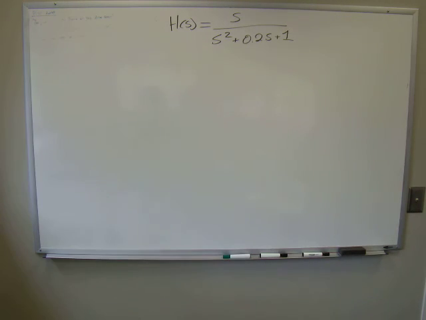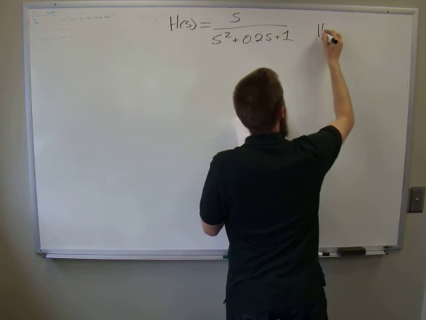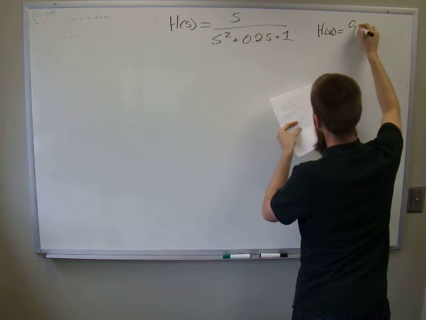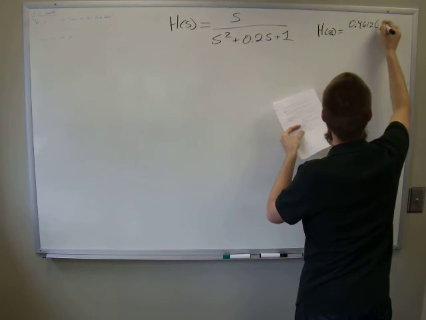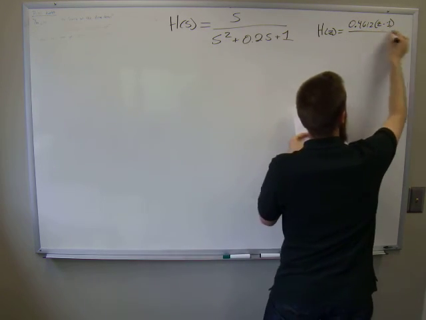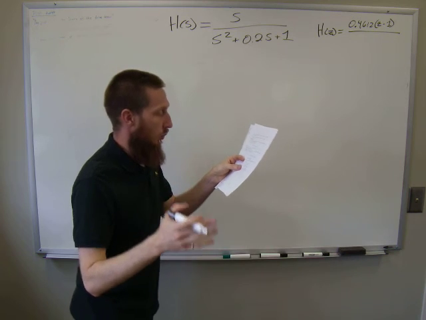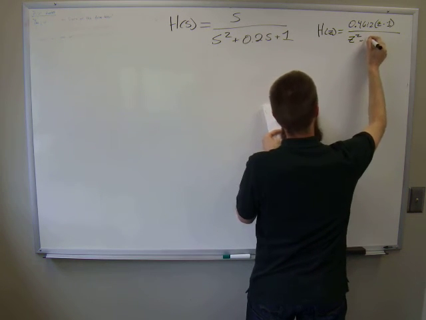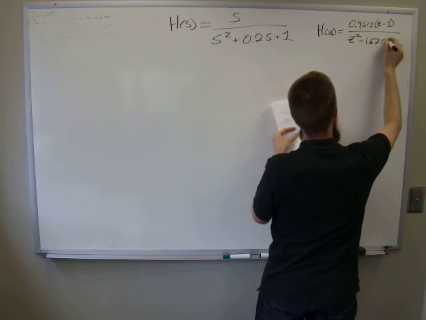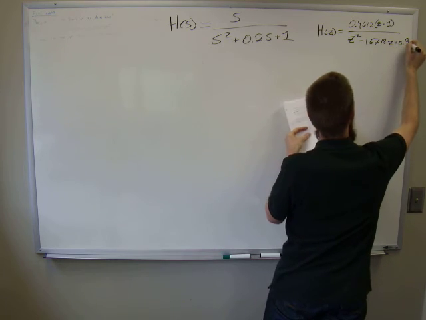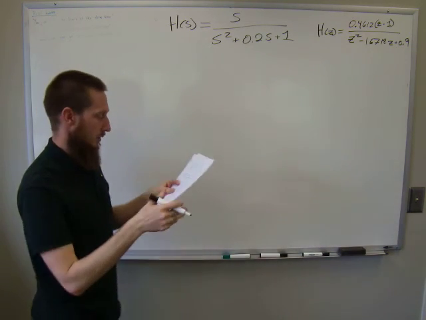So, h of z is going to be equal to 0.4612 times z minus 1, divided by z squared minus 1.6718 z plus 0.99048, but I'll just approximate.